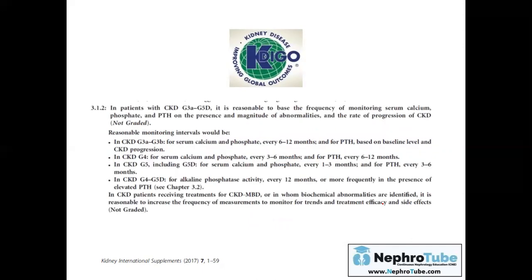What is the frequency to monitor lab parameters in our patients? As recommended by the CKD guideline 2017, in patients with CKD stage 3 to 5, it is important to monitor serum calcium, phosphate, and PTH. Your monitoring frequency depends on the presence and the magnitude of the problem and the rate of progression of CKD.